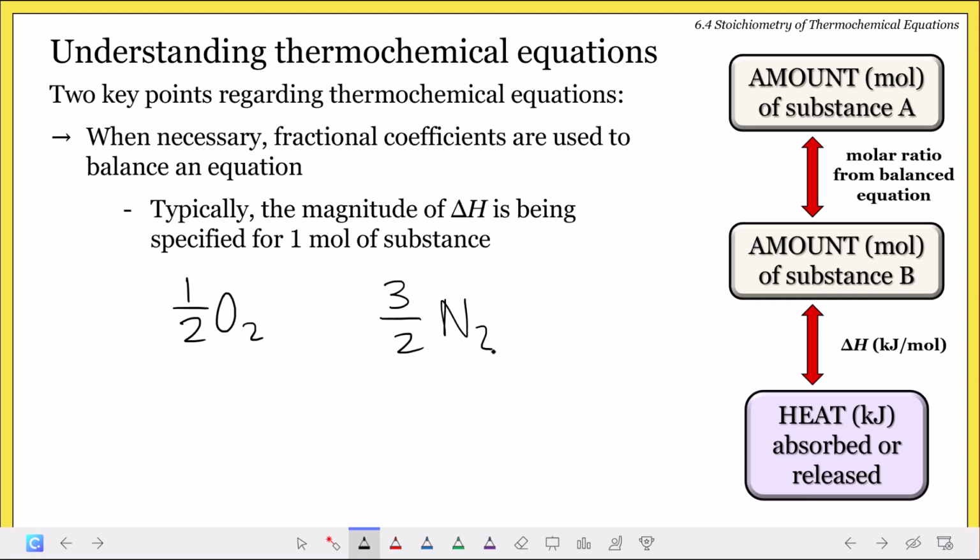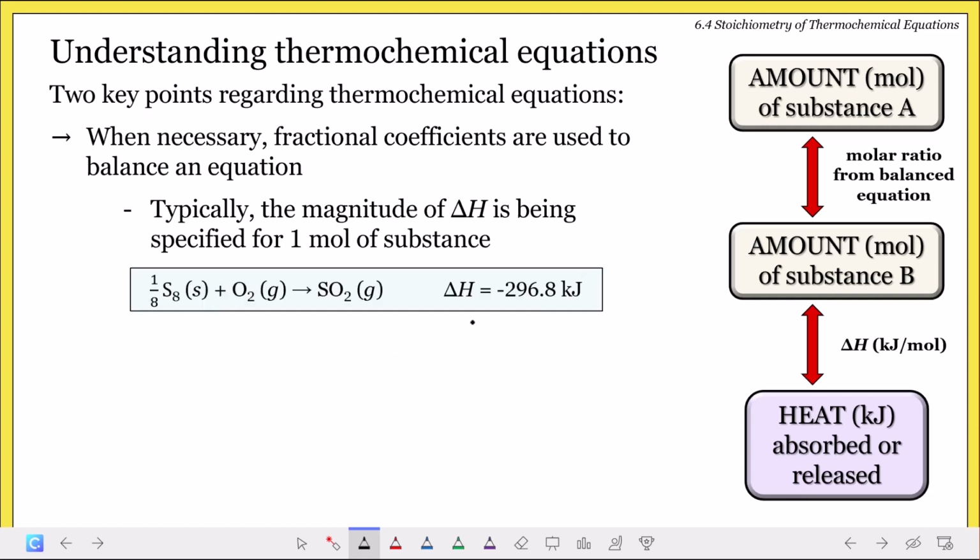The reason we start to see these fractional coefficients is because now we're going to be talking about things like the standard enthalpy of formation of some compound. Typically we will represent the magnitude of that change in enthalpy with regard to 1 mole of some substance. So we take a look at something like this.